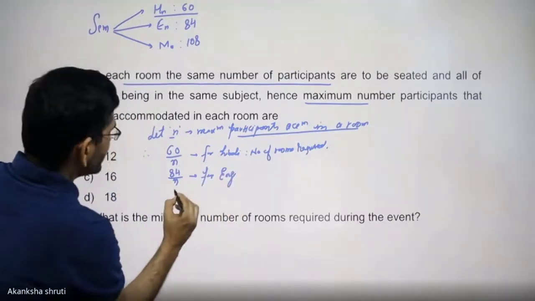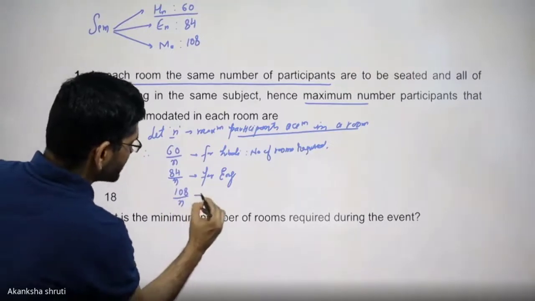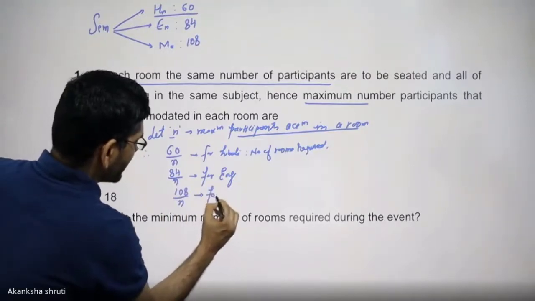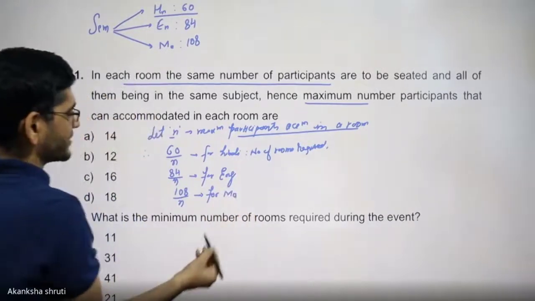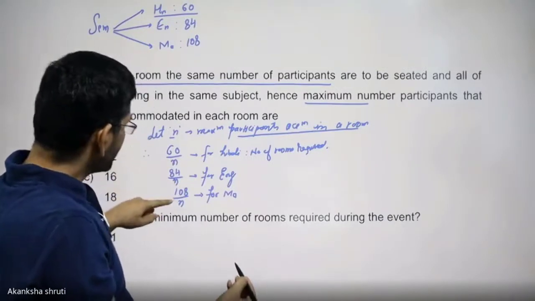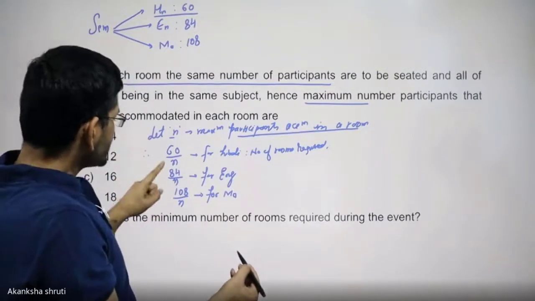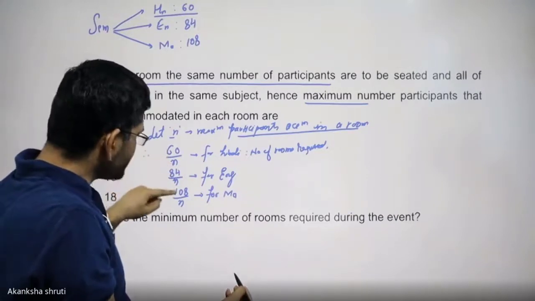Similarly, for mathematics, where there are 108 participants, the number of rooms required will be 108 by n. So here we have to find an n such that it can divide 60, 84 and 108.